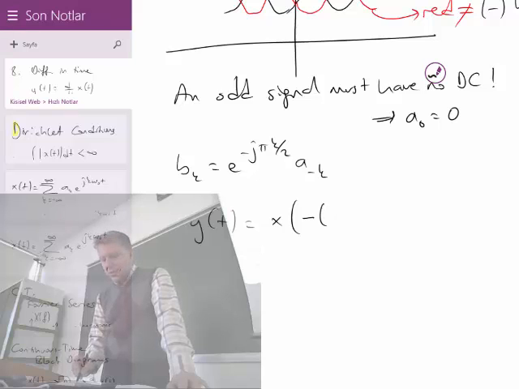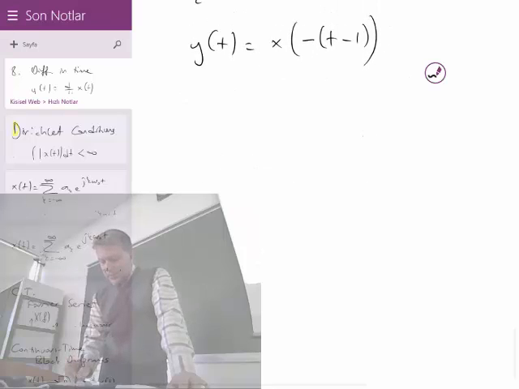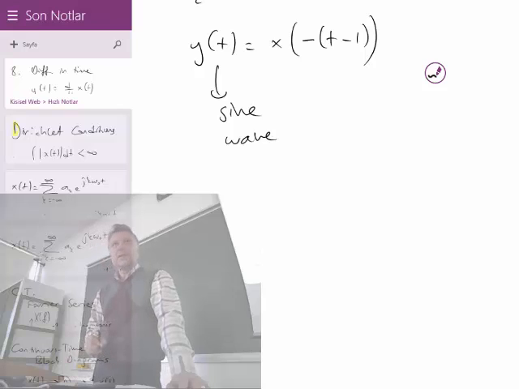T0 is how much? What is T0 here? Minus 1. So this is the relation between y of t and x of t. And this is a sine wave, because it is odd, with 2 coefficients only.